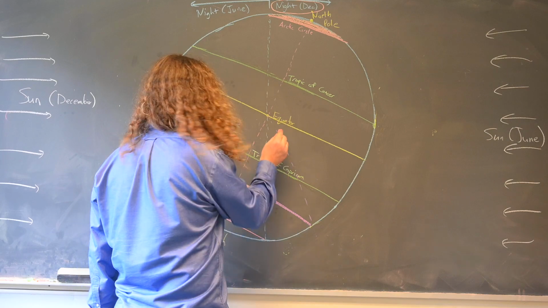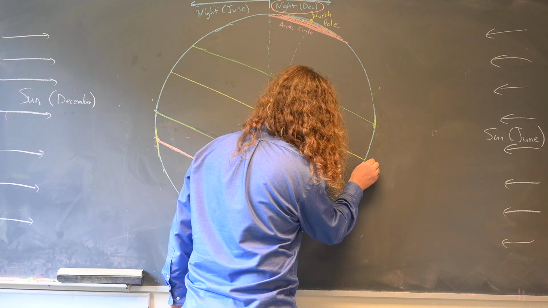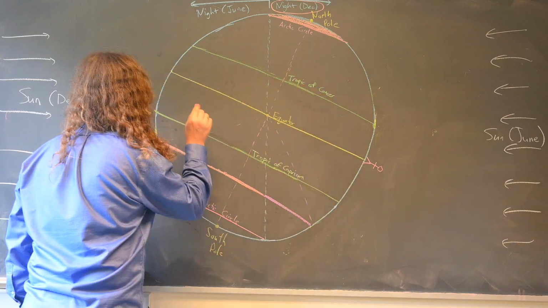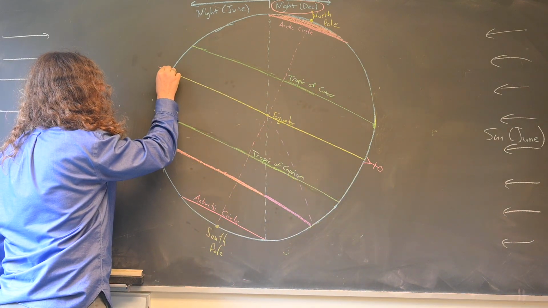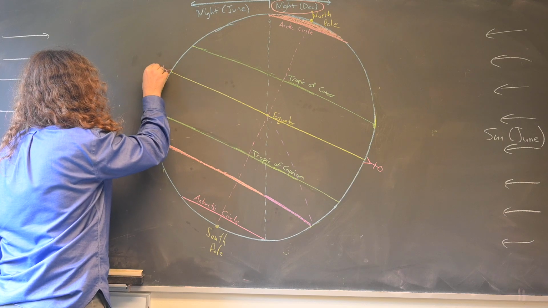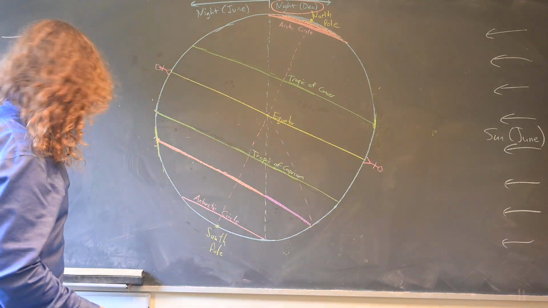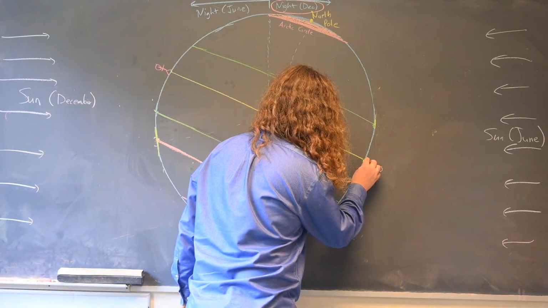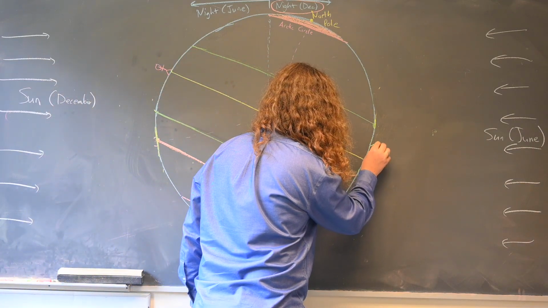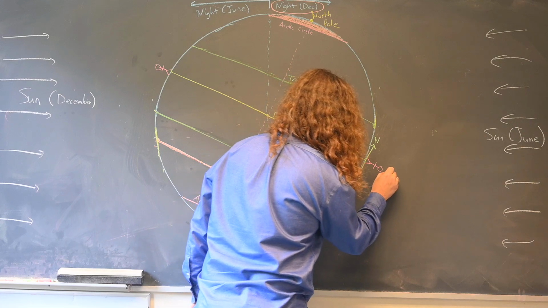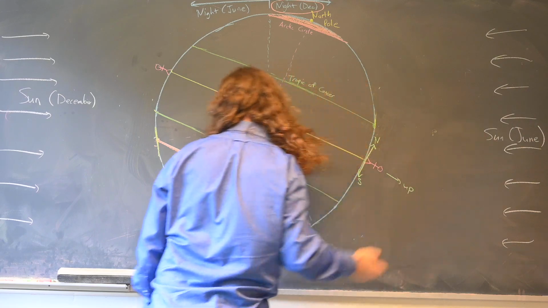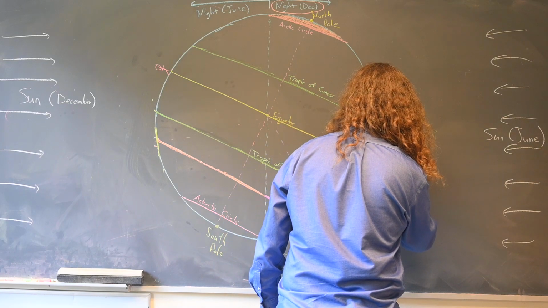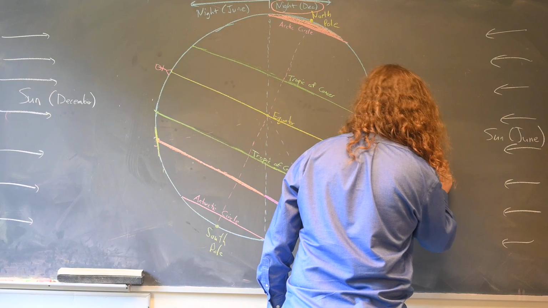So if I have a person standing on the equator, here they are. Here they are in December. And I draw my little guideposts, north, south, up, and that way goes to the sun.